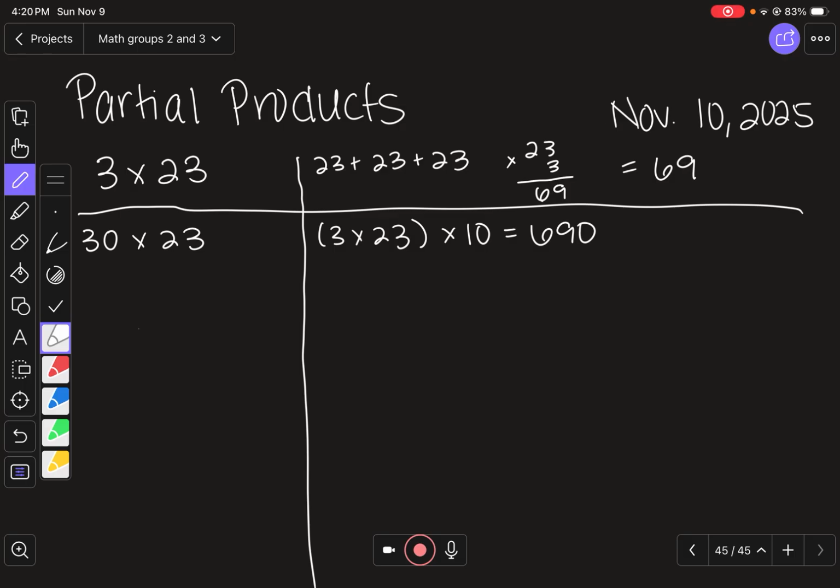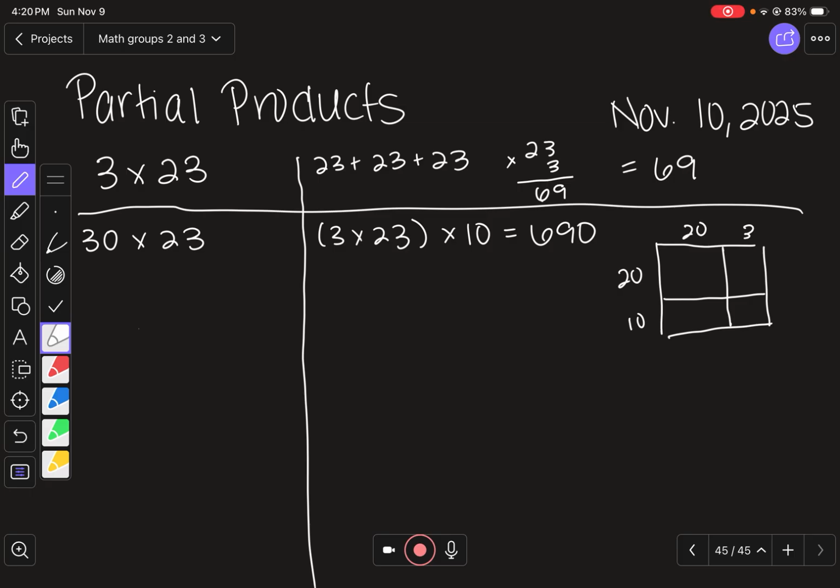You might think to yourself that you could draw an area model for this. So it might look something like this. And you know that you could split up 30 into, let's say, 20 and 10, and then we can split up 23 into 20 and 3.